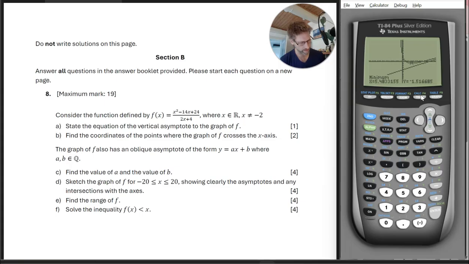Or you could say it's the interval from minus infinity to minus 16.483 union the interval from minus 1.516 and so on to infinity.